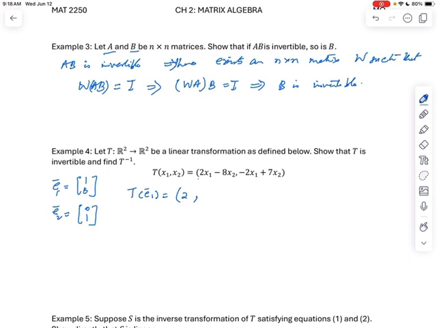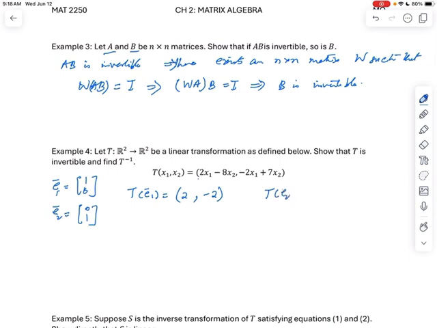Now the second coordinate, so we have negative 2x1. Now x1 is 1, so we get negative 2, and plus 7x2, x2 is 0 for E1, so this is the image of the transform.